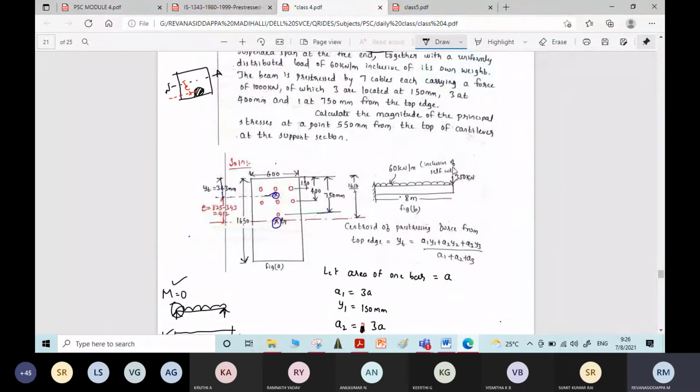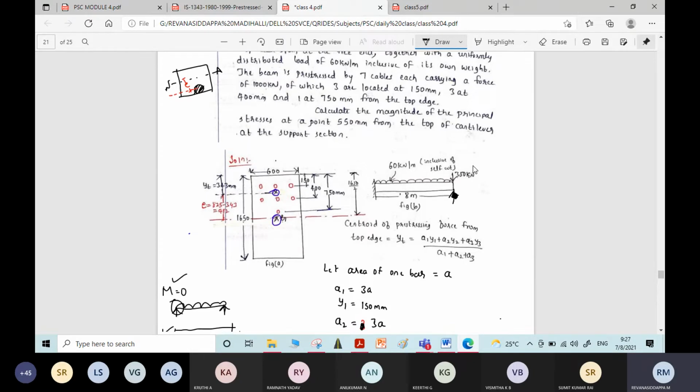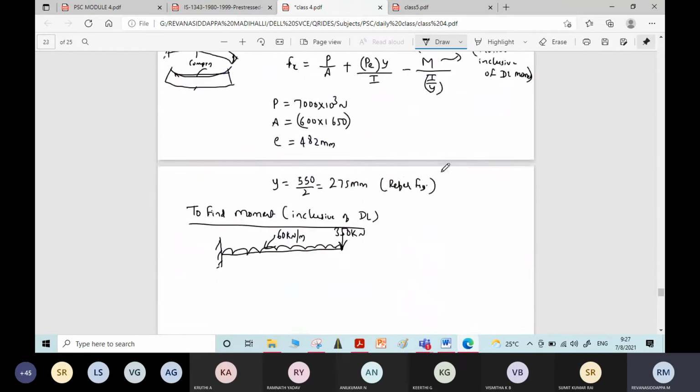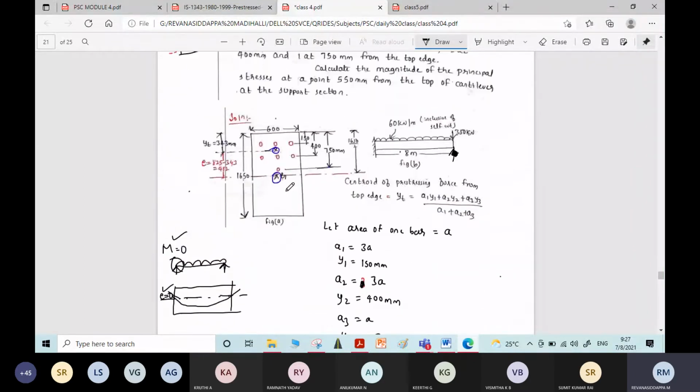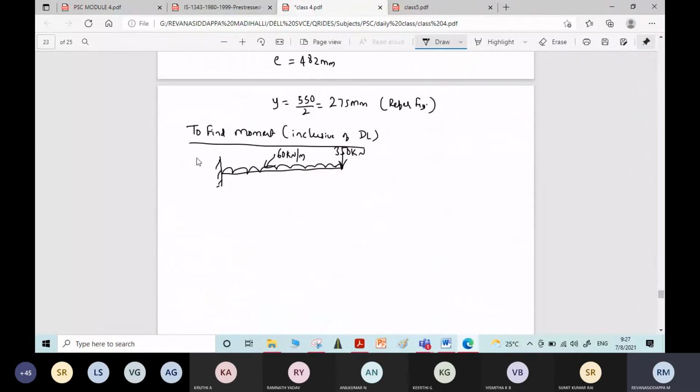Due to that element, that reactive force is transferred to the end of the beam. Don't take that reaction in the upward direction. It is load only, the load which is acting at the end only. 350 kilonewton. The span of the beam is given as 8 meter.